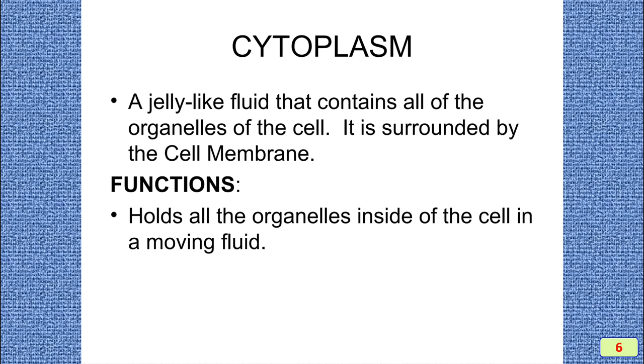Then another thing is the cytoplasm. It's a jelly-like structure surrounded by the cell membrane. The function of cytoplasm is to hold all the organelles inside the cell in a moving fluid state.